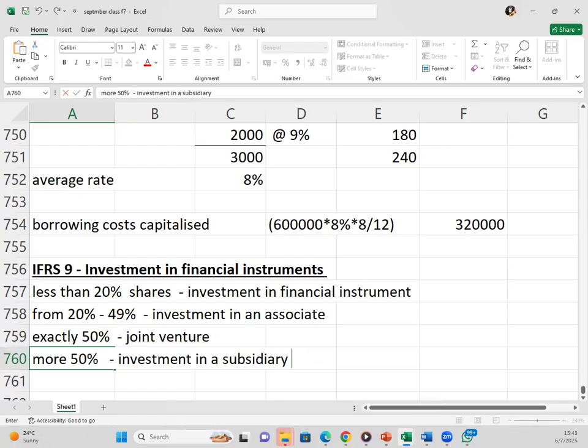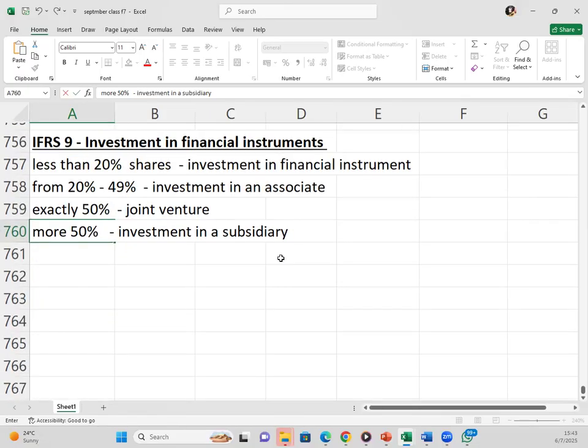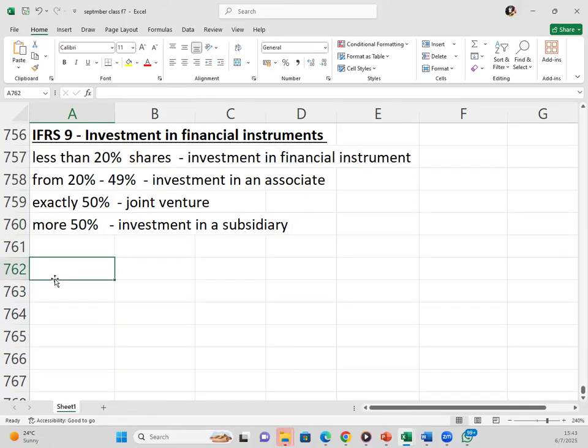We will look at the other standards as we proceed. But today, let's deal with IFRS 9, where we are a company that has bought less than 20%. Or it can be us selling less than 20%. So it's not only a case of you buying, it can be a case of you selling.